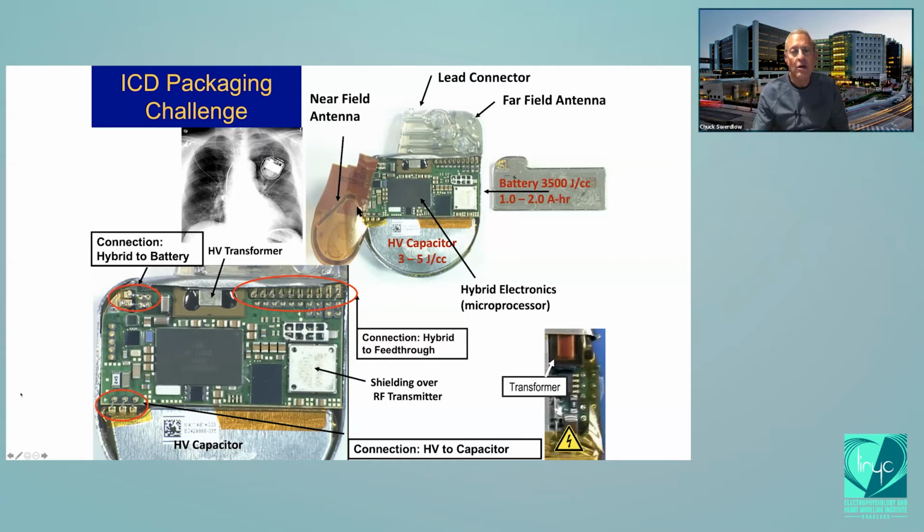Defibrillators and pacemakers also have a short-range antenna that we use when we put the programming head of the programmer over the device. There is a high voltage transformer that converts low voltage electricity to high voltage electricity. We'll come to that later.